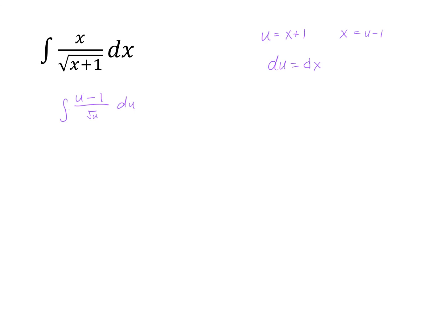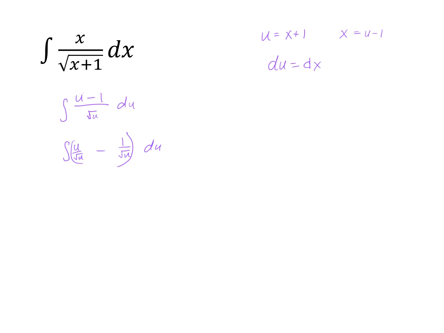And here's what this does that we didn't have before. I have a much simpler denominator, and I am allowed to split this up into u over square root of u minus 1 over square root of u du. So, why is that helpful?